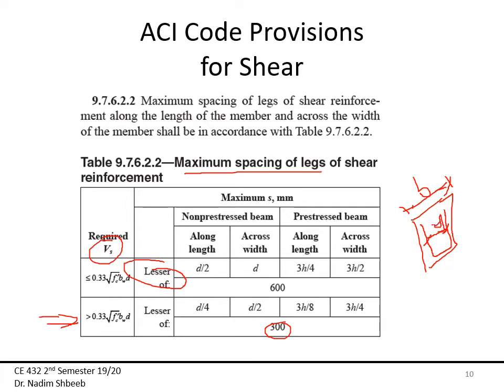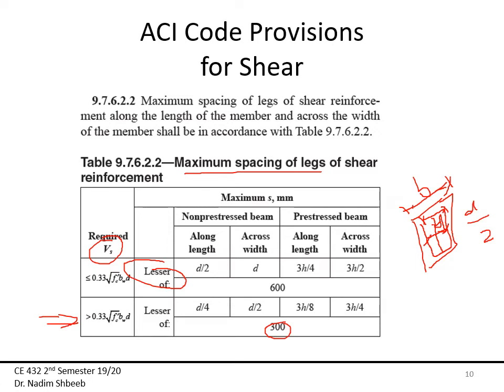If it is more, then I have to add an additional stirrup, maybe somewhere in the middle, maybe right here. Could be a tie. Then if Vs is more than 0.33 square root, instead of being d, it becomes d over 2. So the maximum distance between these two should not be more than d.